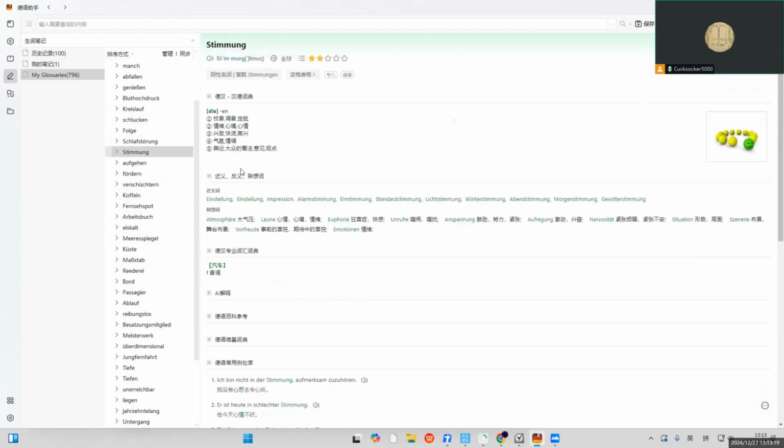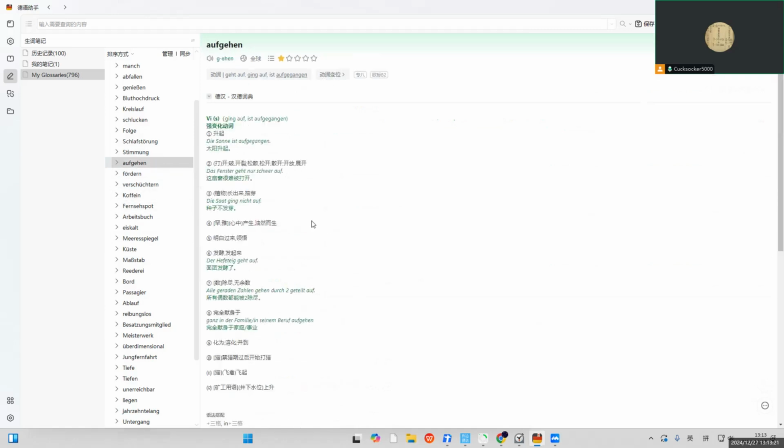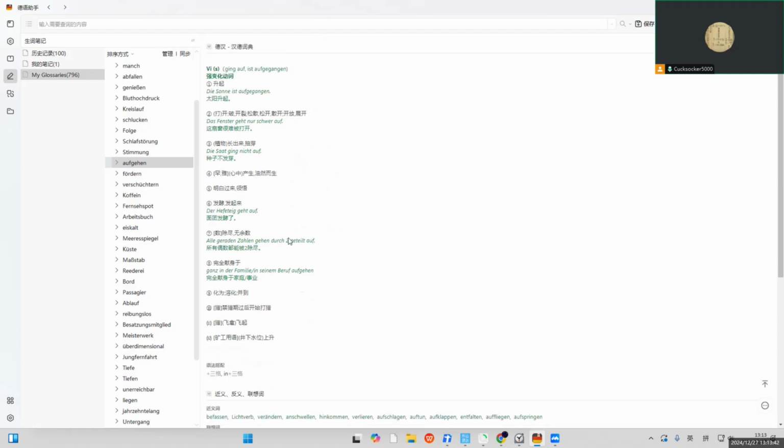Okay, aufgehen. Die Sonne ist aufgegangen. Das Fenster geht nur schwer auf. Die Saat ging nicht auf. Sprouts, Saat, so, seed. Der Hefeteig geht auf.